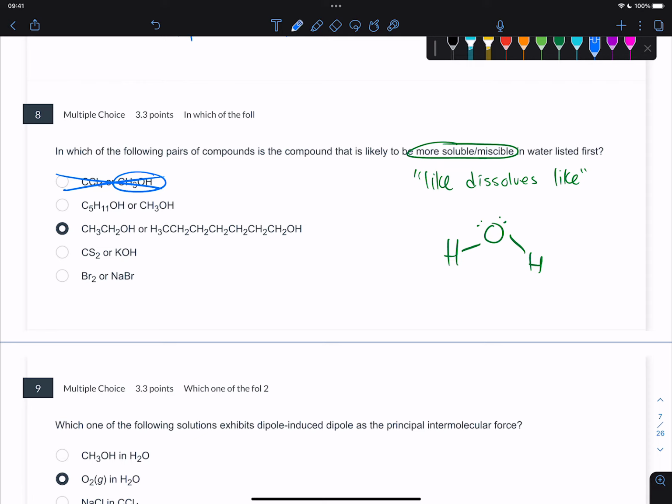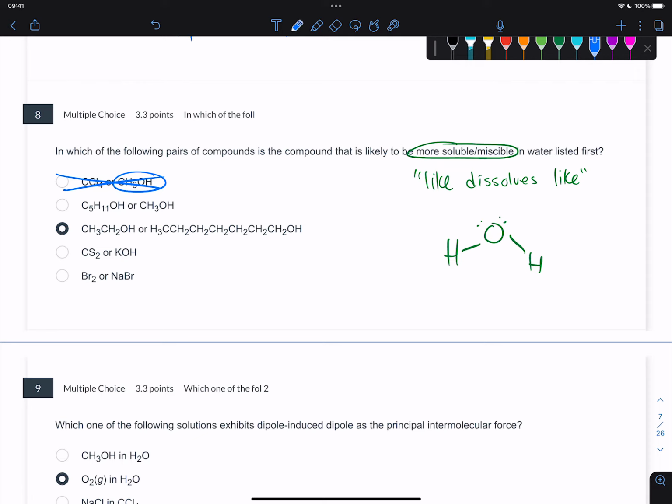Methanol versus pentanol, it looks like. Now you have 2 things that have OH. So once you have 2 things that have OH, you want to pick the smaller of them, because all those extra carbons and hydrogens are not going to be very easily soluble or attracted to parts of the water. So when you have 2 things that have OH, pick the smaller one.